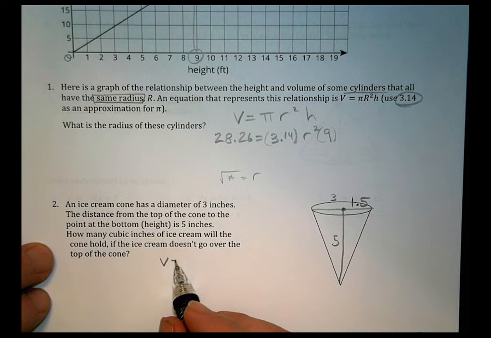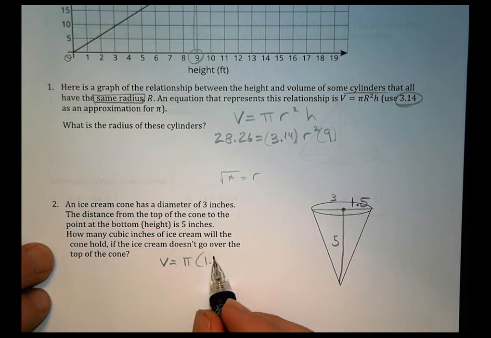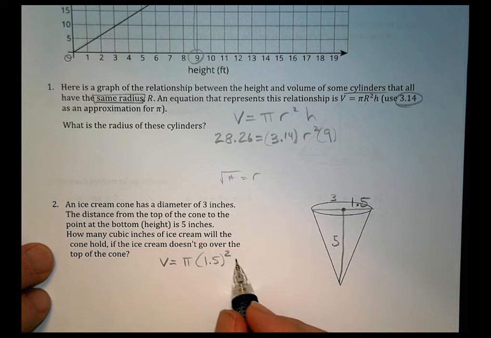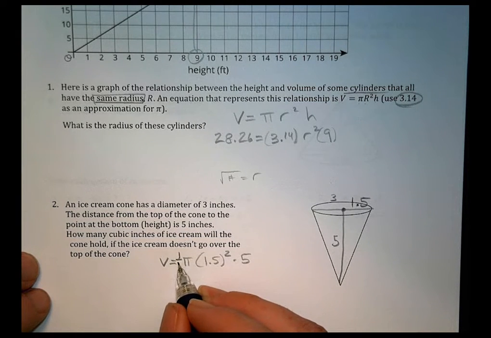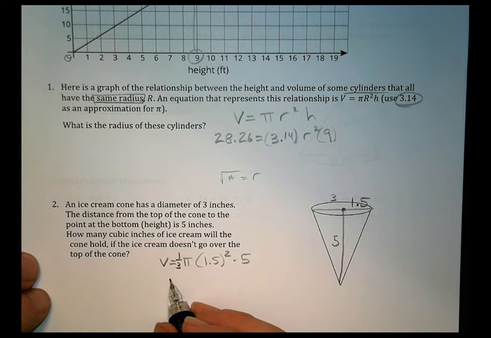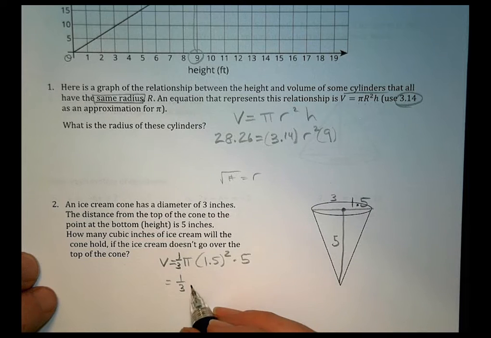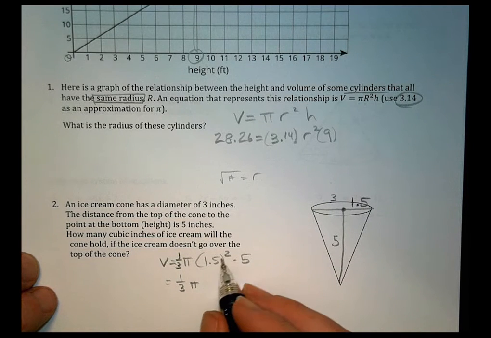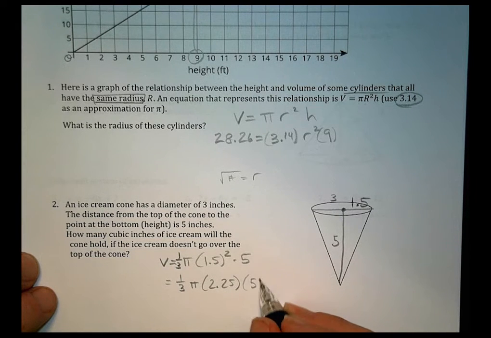So again, the volume equals pi times the radius, 1.5 squared, times the height, which is 5. All right. And, oops, sorry, I forgot it's a cone, 1/3. Sorry about that. So 1/3, and we can leave it in pi. I don't mind that for right now. 1.5 squared is going to be 2.25, and then we still have a 5 here.